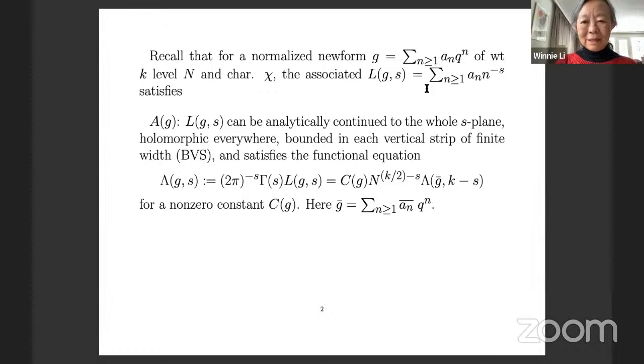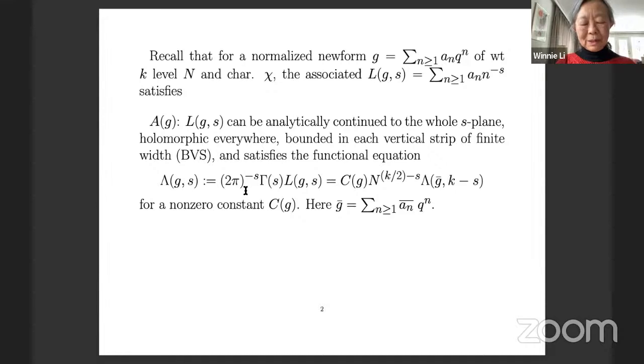Then we talked about the analytic properties of this associated L function, and these properties put together, we call A(g). The first is that L(g) can be continued to the whole plane, holomorphic everywhere, and bounded in vertical strips of finite width.